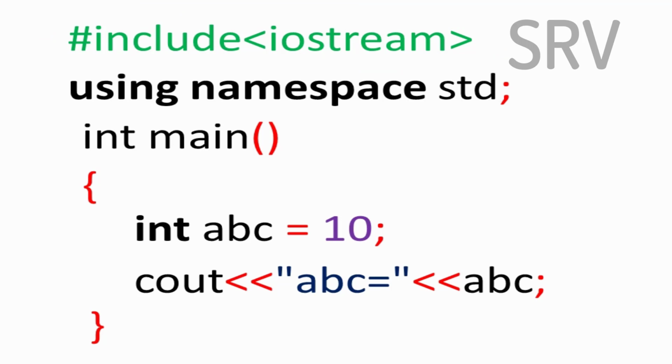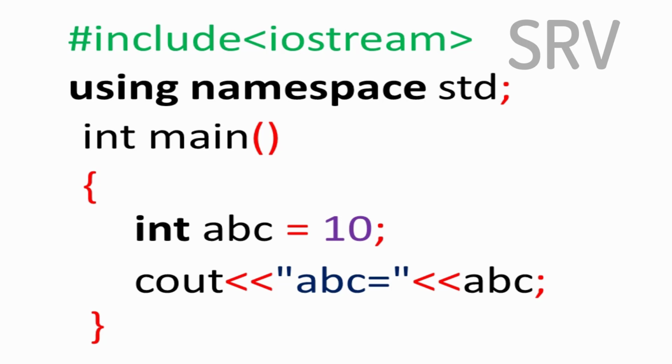The program that is predefined inside iostream gets executed and comes back to our program, and the value given inside the double quotes gets printed as it is. Again we are printing a variable abc, so the value inside the variable abc gets printed. In this program we have used a variable abc and printed its value using the cout statement. We have not defined the cout statement, but the cout function is predefined inside the header file iostream.